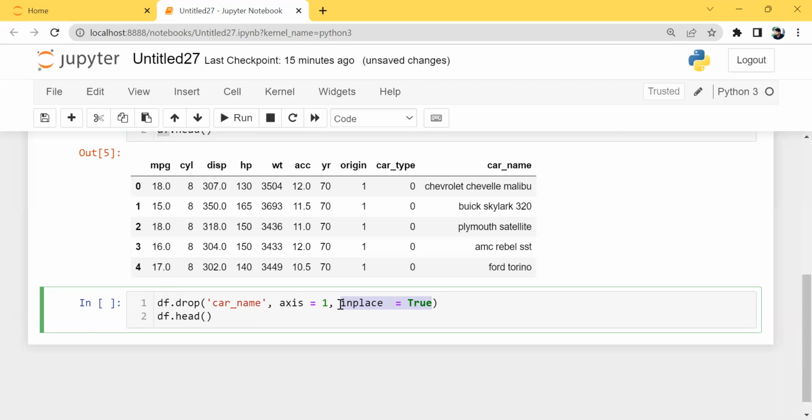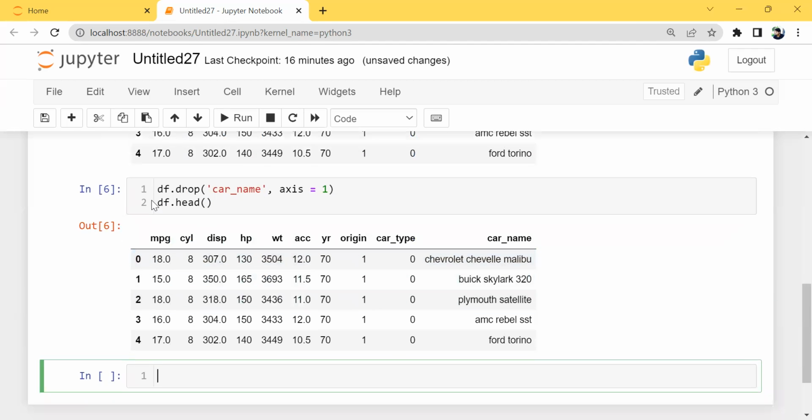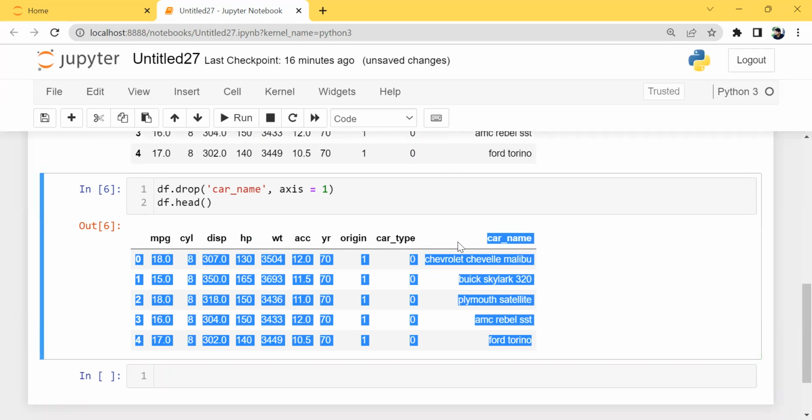And again, if you run the df, you'll get your column. For example, I'm not telling Python to drop this column permanently. So what happens if I hit shift enter? See, when I hit shift enter, it is giving me the car name.